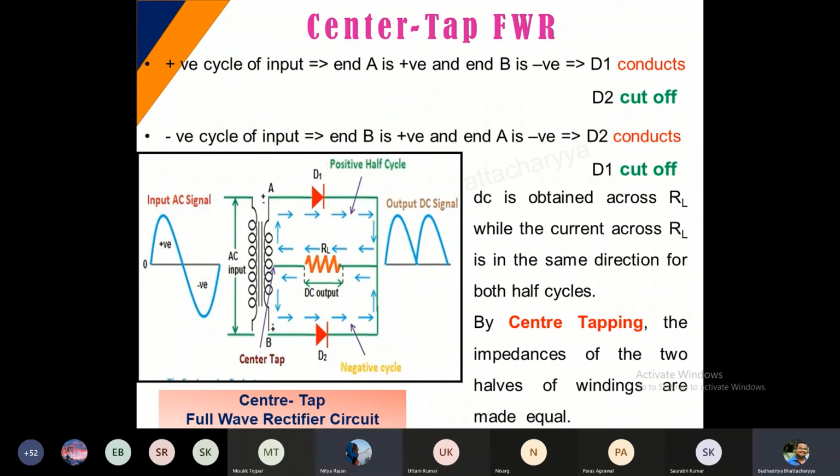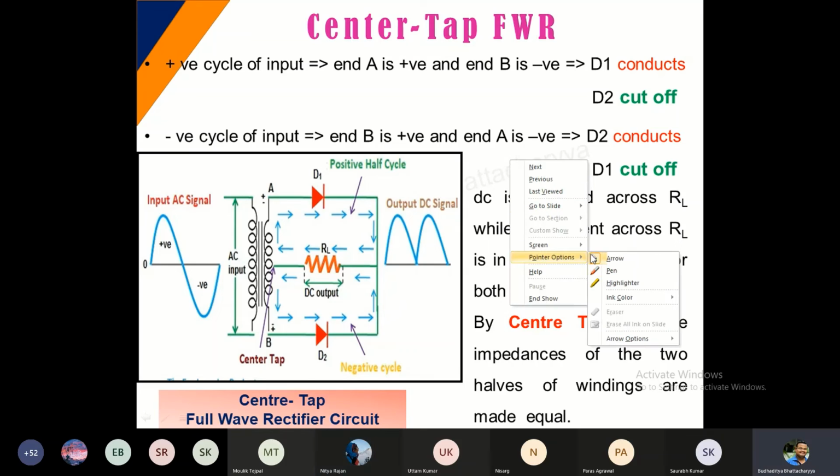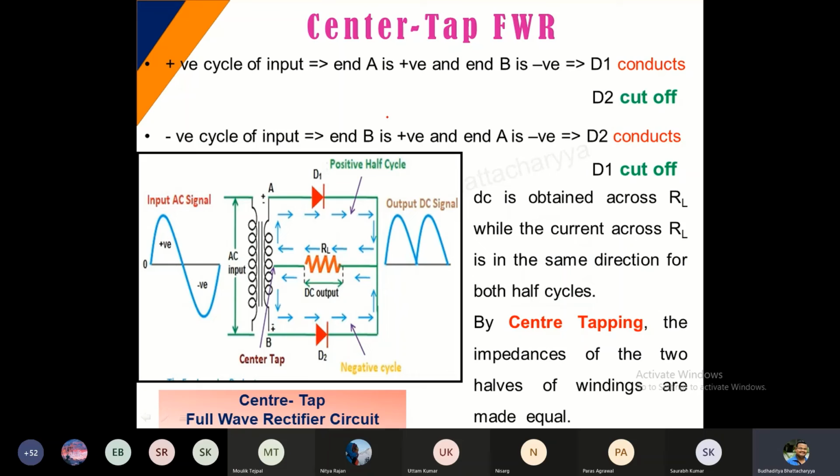This charging and discharging makes sure that the output you are getting is very near to a constant value. I don't have the diagram right now, but it compensates for losses, which is in fact called the ripple factor. We'll see that.